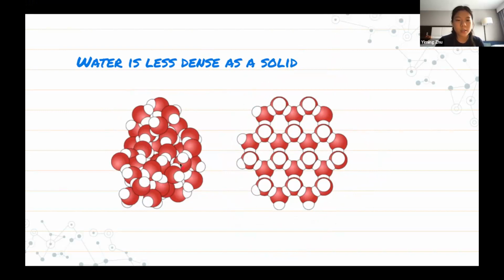While this one is water. So again, with the words up here, we would say that this one would be water because it's more packed together and more dense, while this one over here is ice because it's less dense. You can see that there are holes and the water molecules are farther apart from each other.